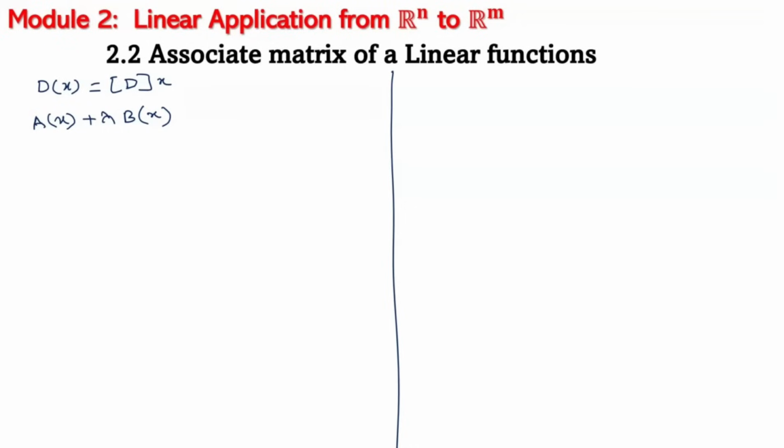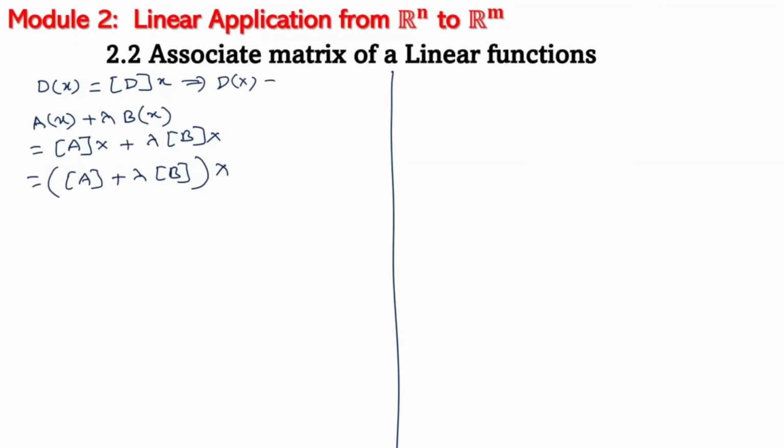If you want to write it in matrix form, this will be the matrix of A operating on X plus lambda times the matrix of B multiplied by X. So this can be written as (matrix of A plus lambda matrix of B) multiplied by X. So now we already saw that Dx is equal to (A plus lambda B)x.